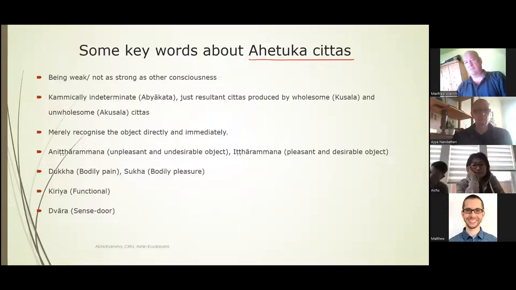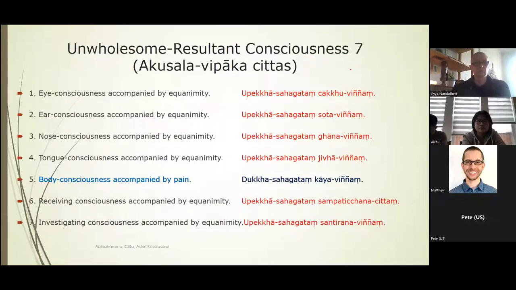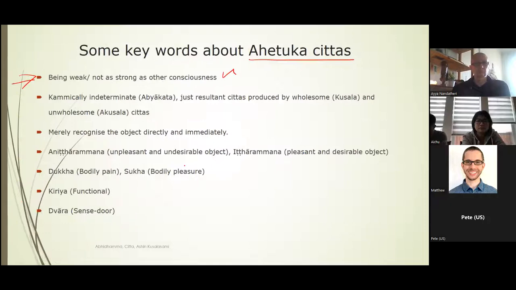So this is only for the 18 Ahetuka Chetas. The 18 Ahetuka Chetas are very weak. I will talk later about what is weak and what is strong. I cannot say it as long as you don't know these 18 Chetas. And also karmically indeterminate, abyakata, as well. I will not talk more here, and later I will come here again.